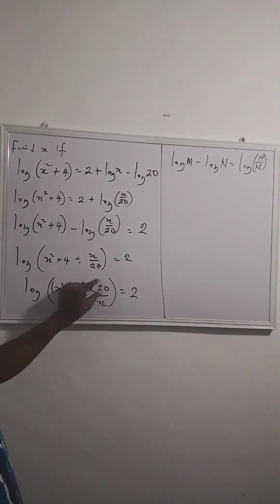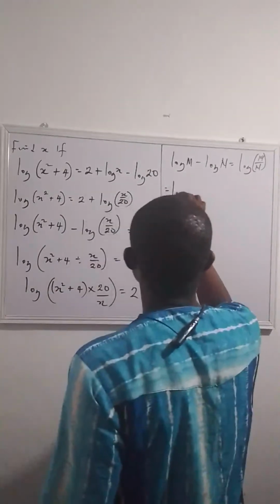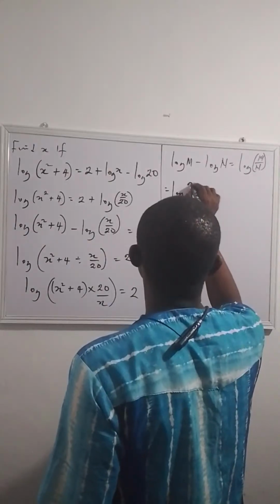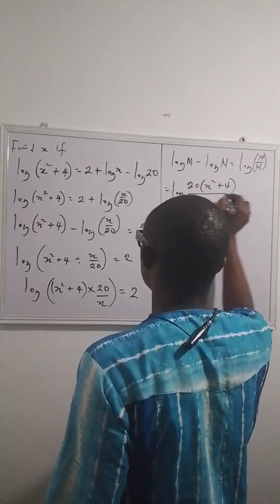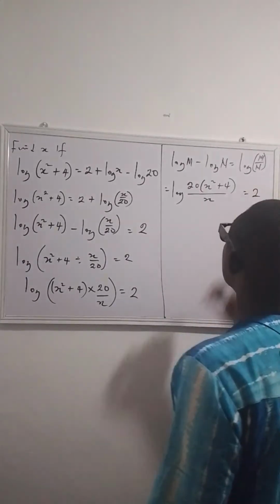All right, now let's bring this one here. So you have log of 20(x squared plus 4) over x equals 2.